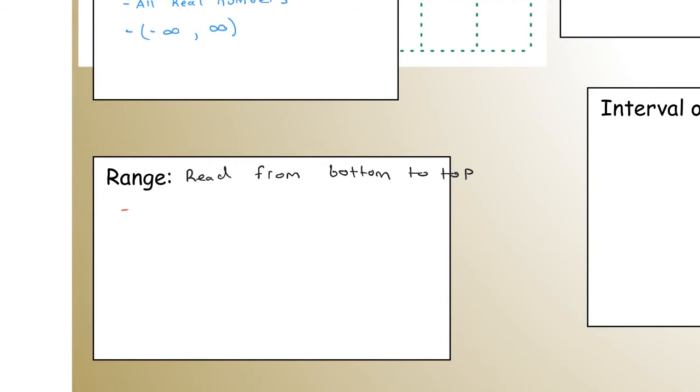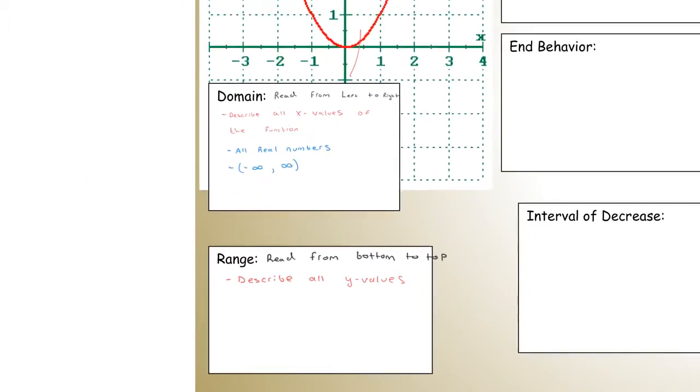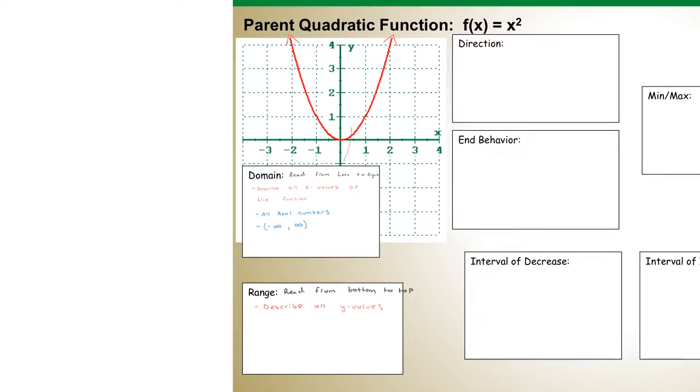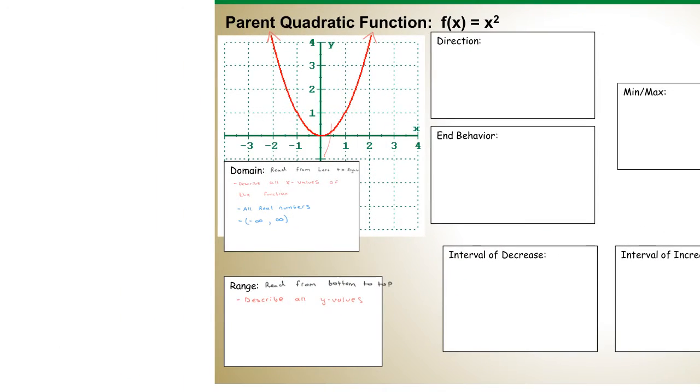So if we take a look at this function, and I'm trying to describe all the y values, the lowest y value that we see is 0. And then we notice that it never stops going up.